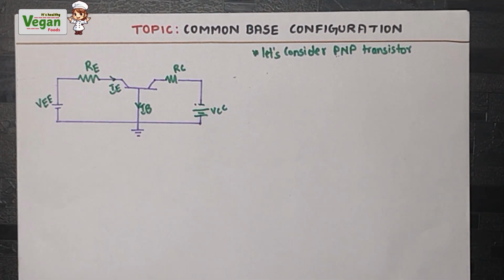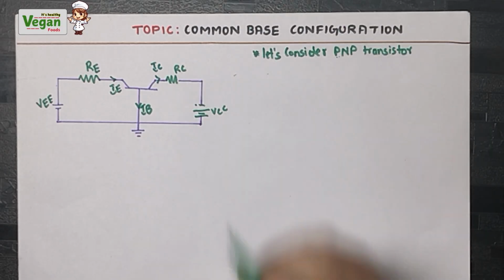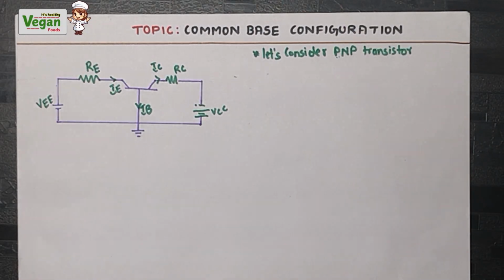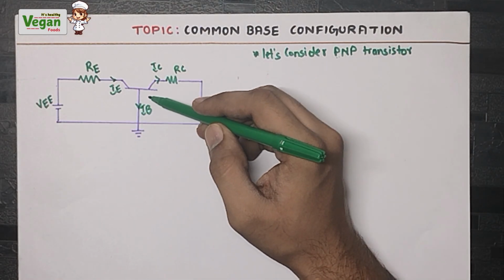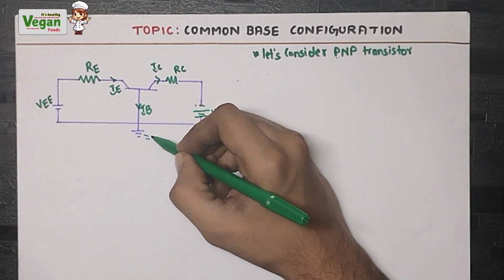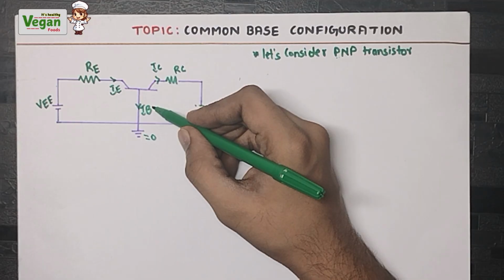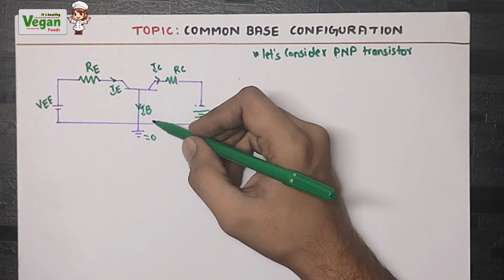IE is the current because of the emitter, and here IC. What is IC? IC is the current because of the collector. Next, the IB. We do not represent the voltage of the base because it is grounded, therefore its value is equal to 0. We will represent the direction of the base current IB.